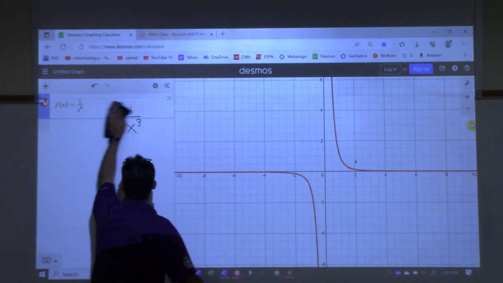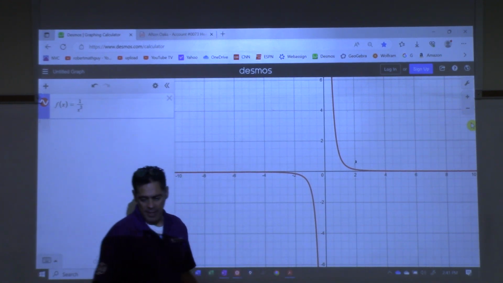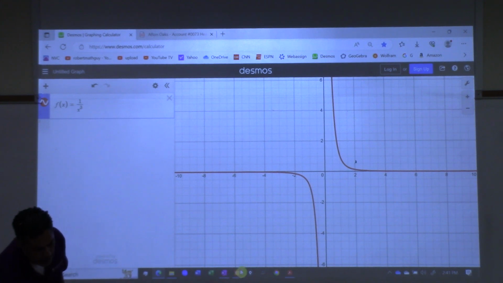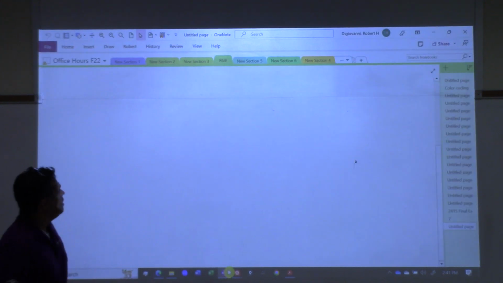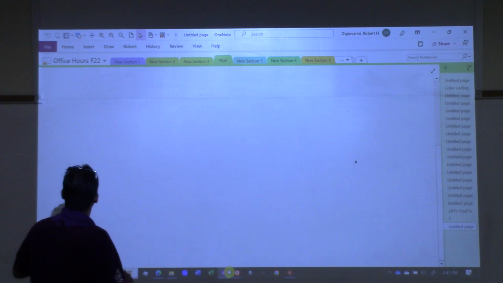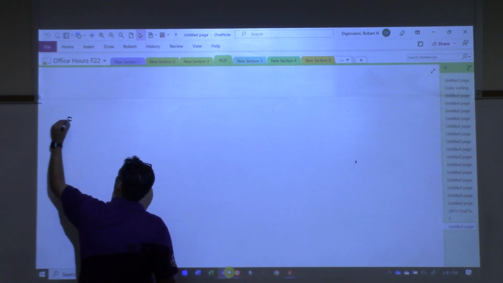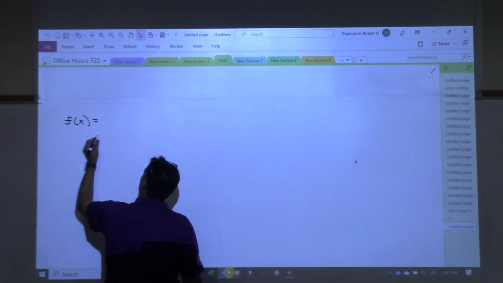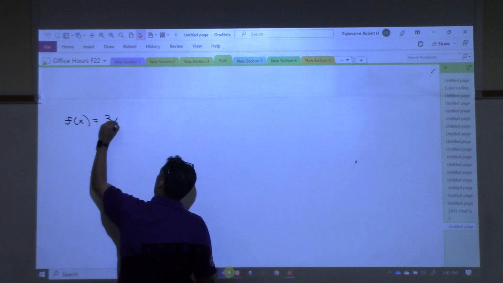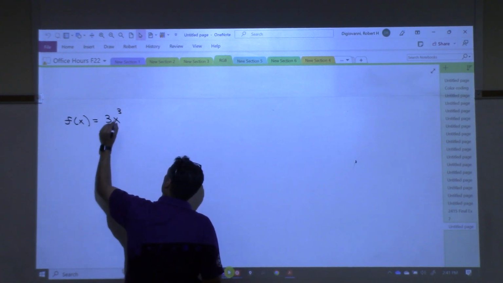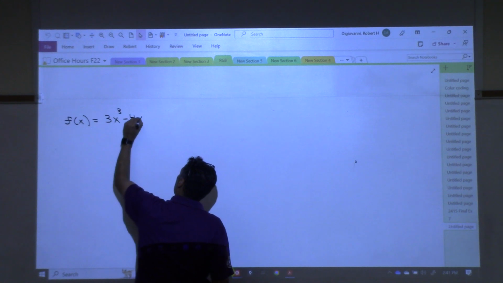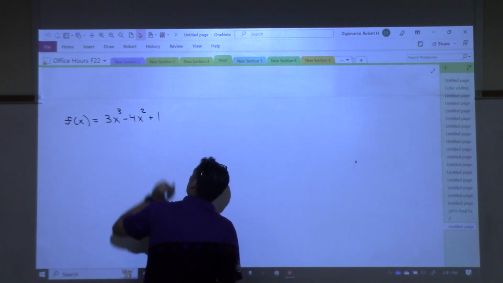I want to do one more before we move into the next idea. It's not really a different idea, but let's do one more example. How about f of x equals, let's go with 3x to the 3rd minus 4x squared plus 1.